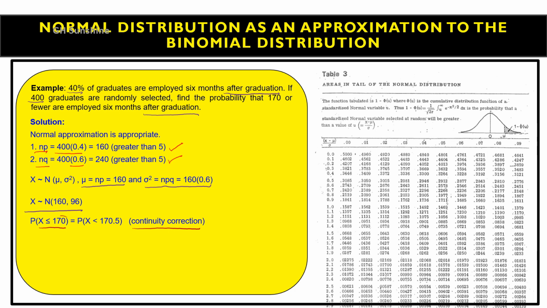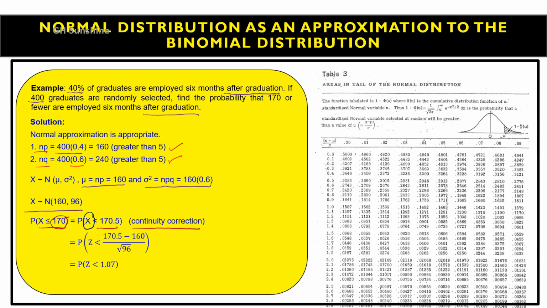Include 170, so this one becomes 170.5. You plus 0.5. So from X here, transform to Z. Calculate Z less than 1.07.